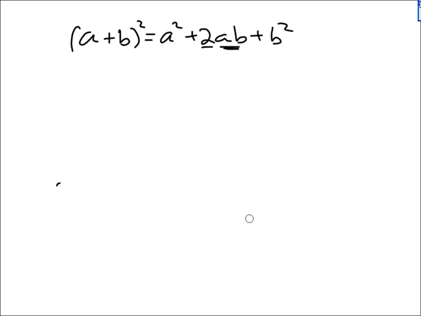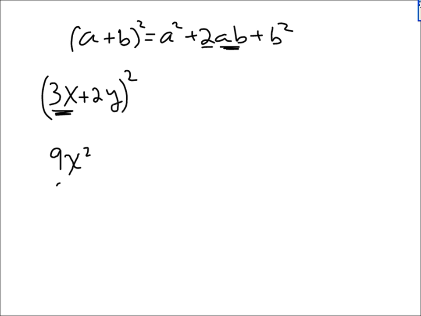It even works with non-numbers, like variables. If you have 3x plus 2y squared, well, I would ask myself, what do I get when I square that? 3 squared, x squared. What do you get when you multiply both of these?